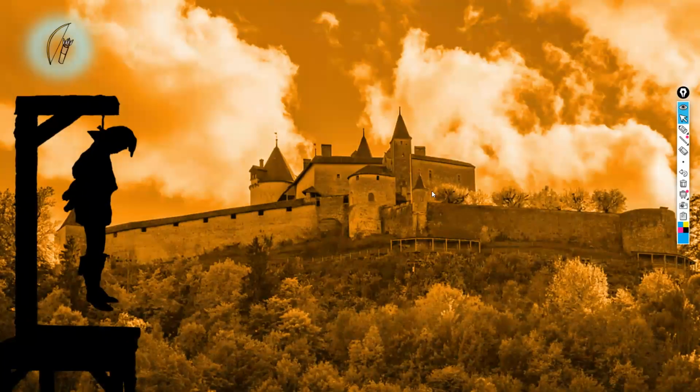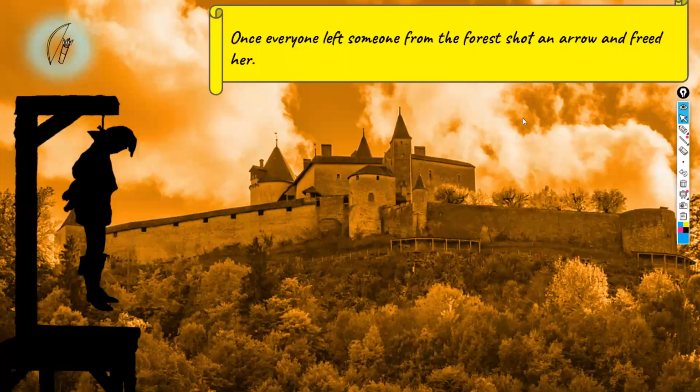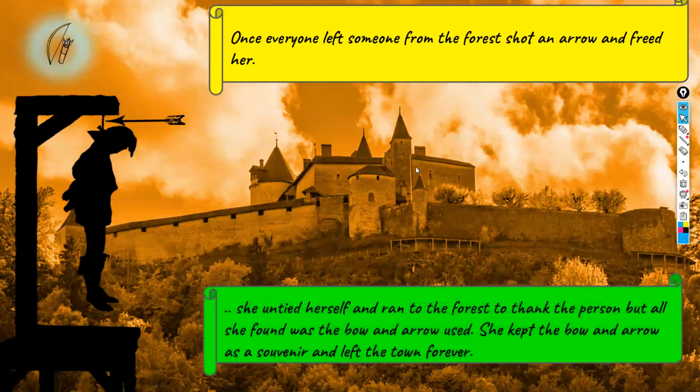So here we have, oh, the sun has begun to go down, so it's late in the evening. Right, so someone in the forest shot an arrow, freed her.